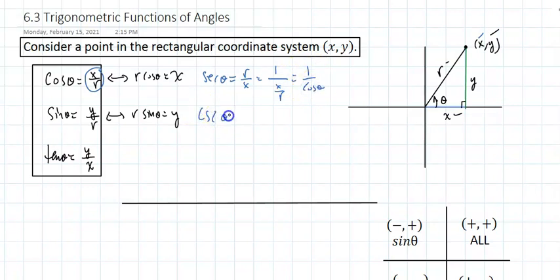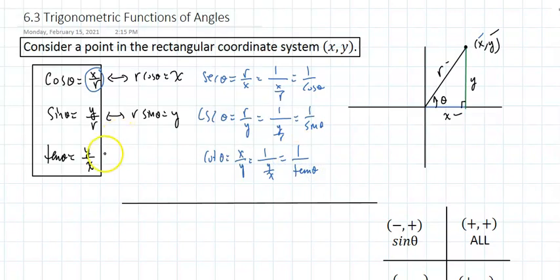Similarly, the cosecant of theta is the hypotenuse over the opposite. And that's really 1 over the fraction, and that's 1 over the sine of theta. And the cotangent is actually the adjacent over the opposite, and that turns out to be 1 over the reciprocal of that fraction, which is 1 over the tangent. Those are the reciprocal identities.